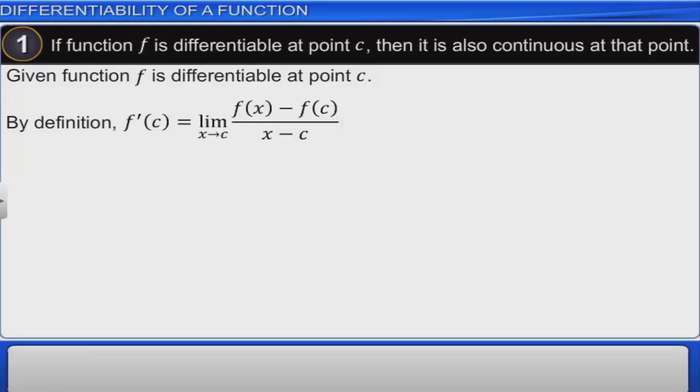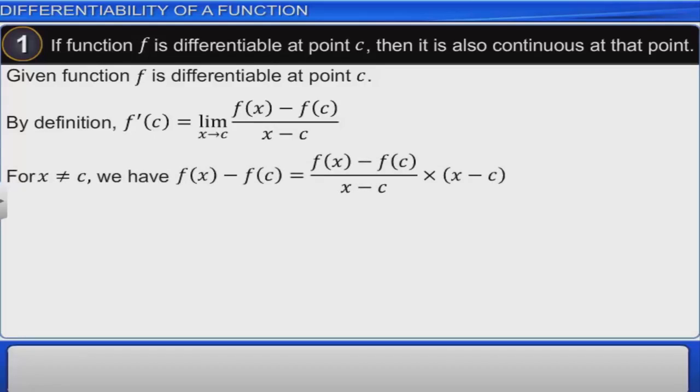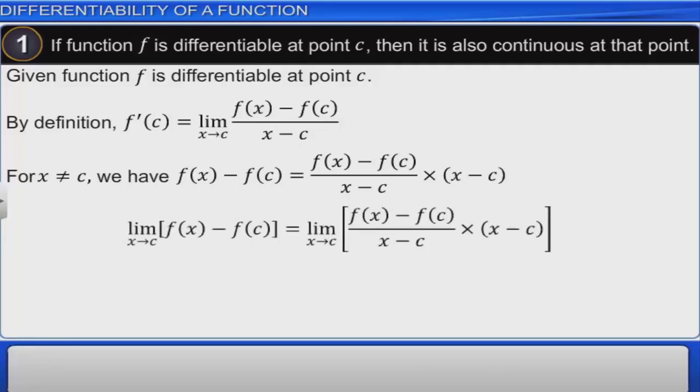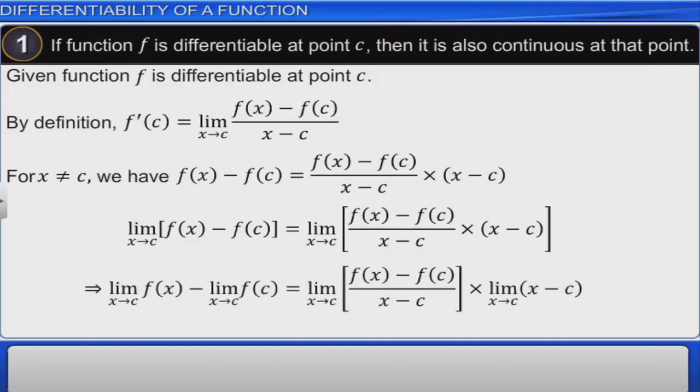For x is not equal to c, the numerator f of x minus f of c can be written as shown. Now, let's take the limit on both the sides when x approaches c. By using the algebra of limits, we can write the limit of the product of two functions on the right-hand side as the product of their limits.